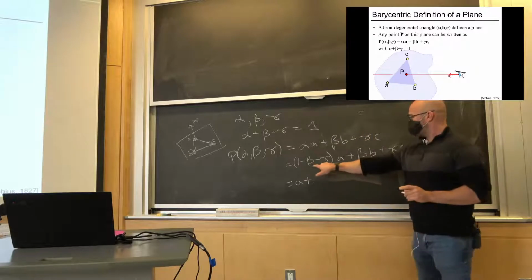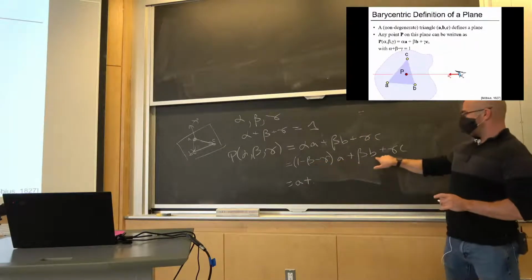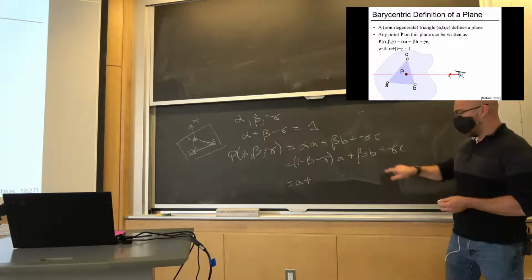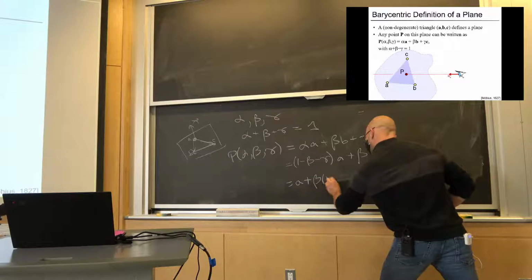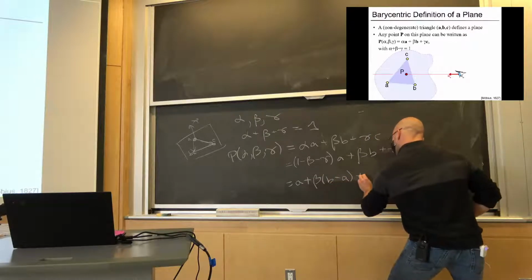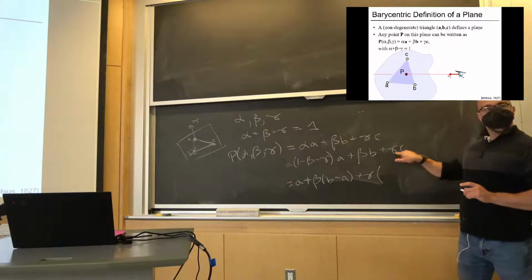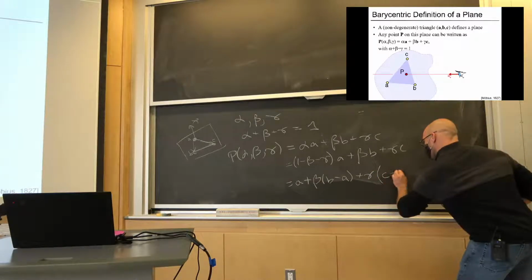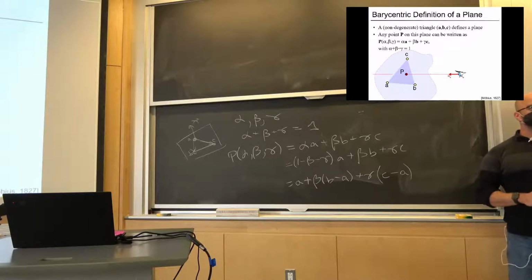I have beta, and notice there's a minus A times beta here and a plus B. So this is plus beta times B minus A plus gamma times, let's see, there's another minus A and a plus C. C minus A, like that. Everybody agree with me? We should all check, because remember that I am horrible at arithmetic.